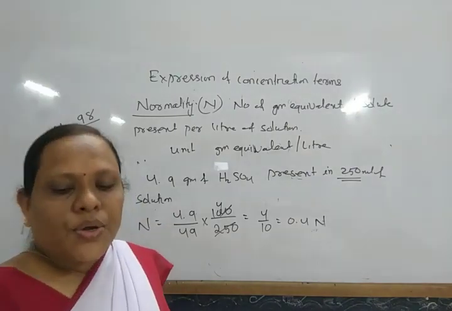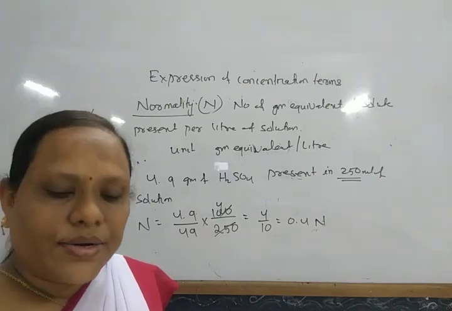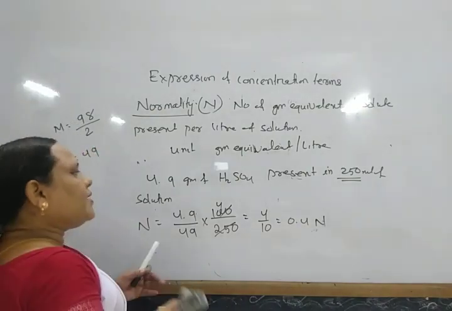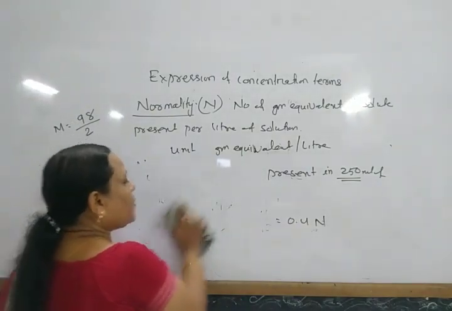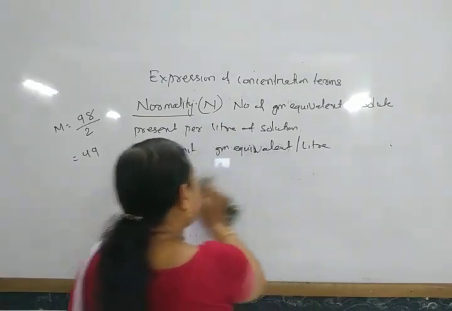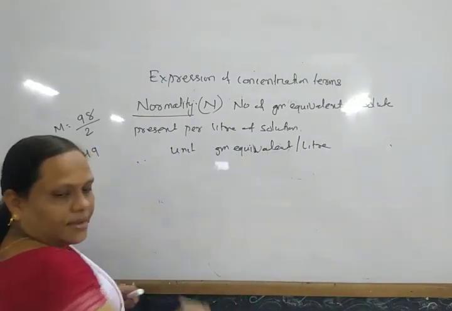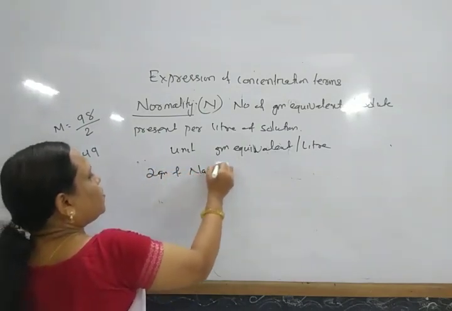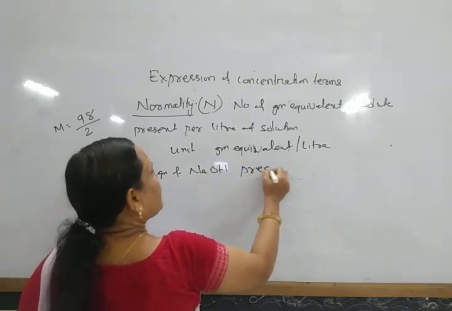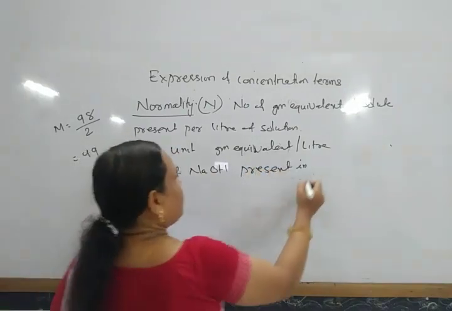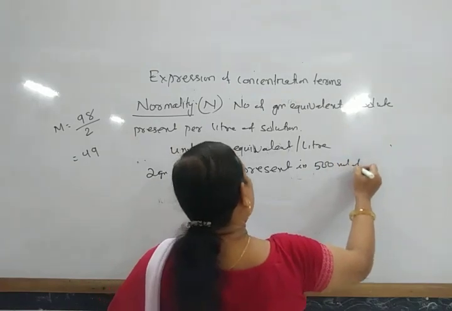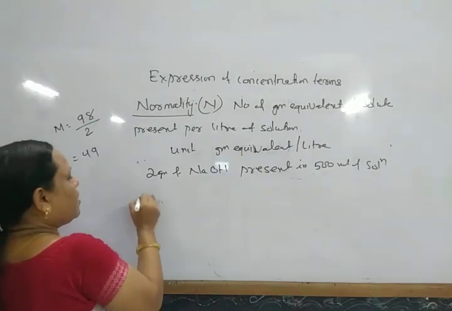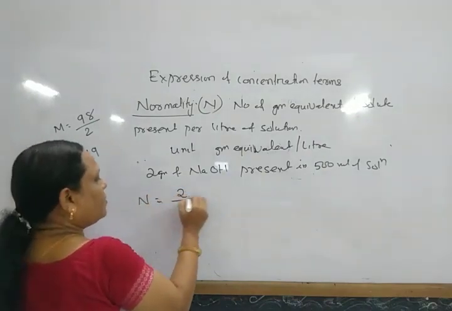Similarly, suppose 2 gram of sodium hydroxide is present in 500 ml of solution. What is its normality? So normality N equals 2 by the equivalent mass.